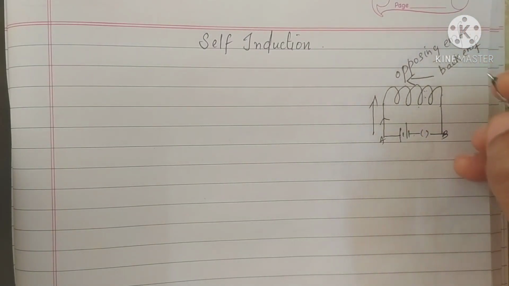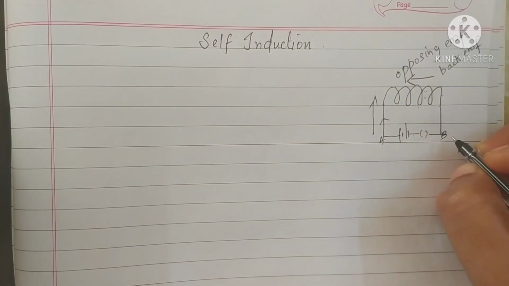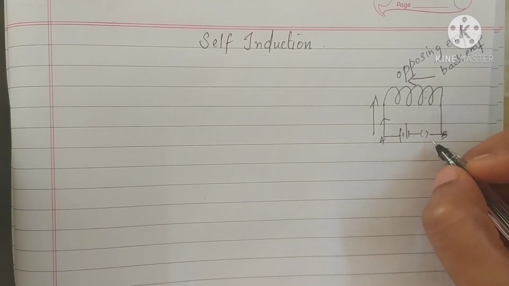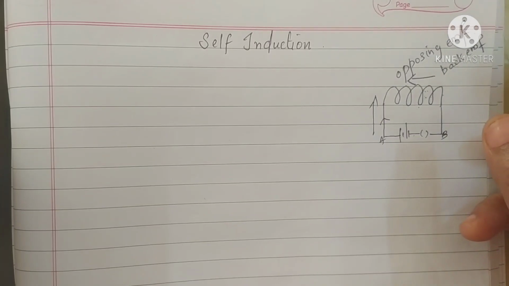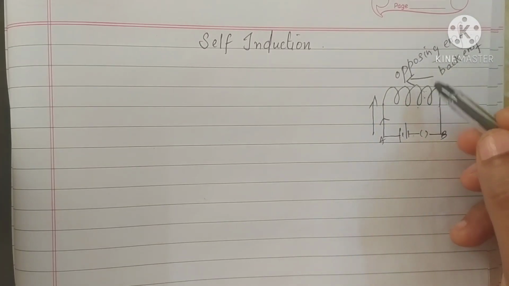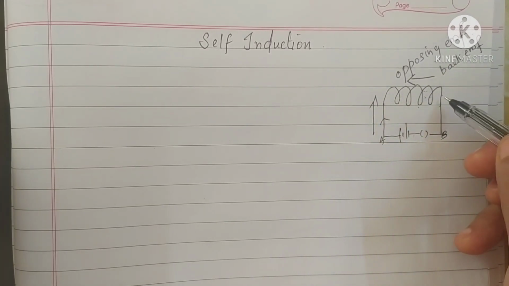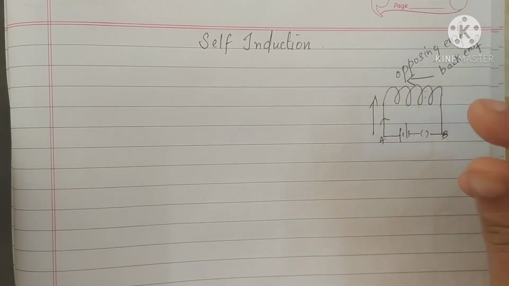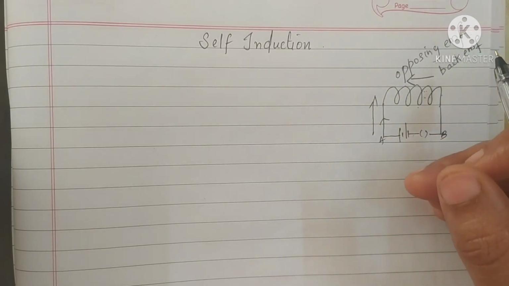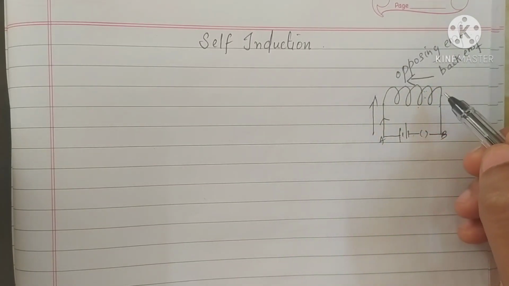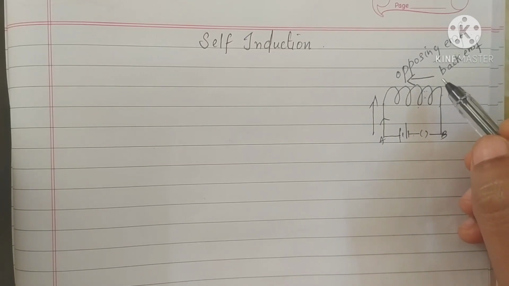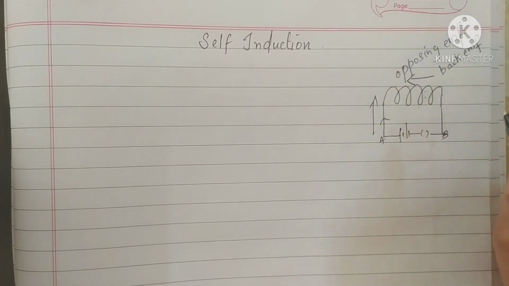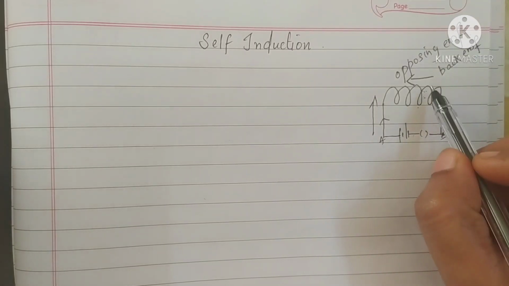Clear? Now again, when you switch off, that is when this key is opened, the current and hence the magnetic flux through the coil decreases from a maximum value to 0. So again, the induced current flows in the same direction as that of the battery current, because again the direction changed.